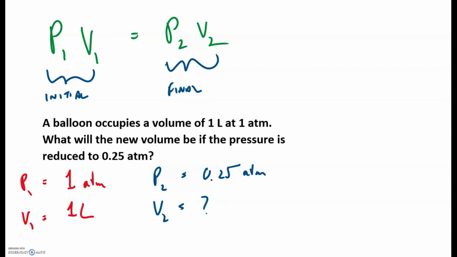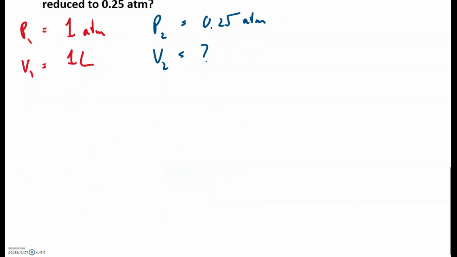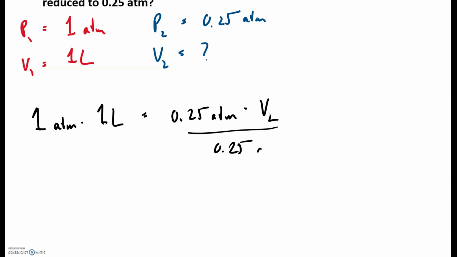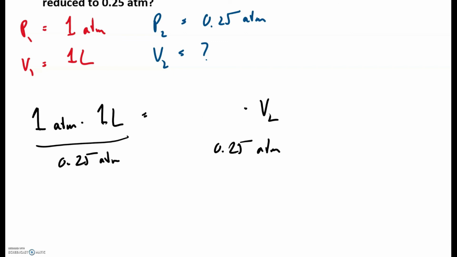So when I do this, it just helps me keep things straight. So I'm going to plug everything into this equation. We're going to say P1, 1 atmosphere, times V1, 1 liter, is equal to P2, 0.25 atmospheres, times V2, which is what we're trying to find. So to get V2 by itself, I'm obviously going to divide both sides by 0.25 atmospheres. And that's going to eliminate it from this side.